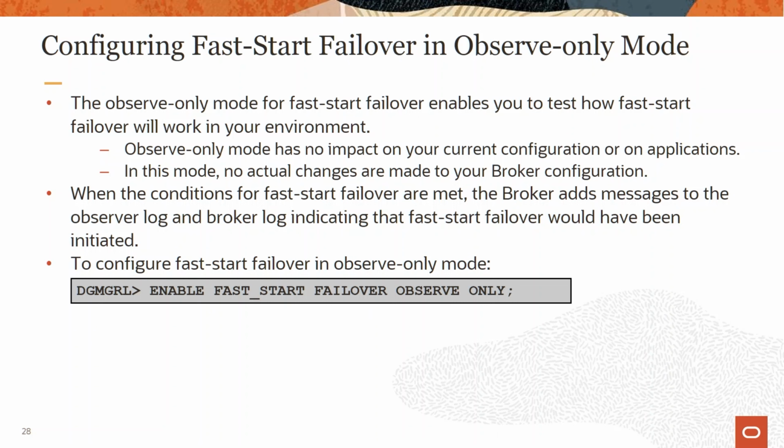So rather than implementing fast start failover, you may want to receive a series of messages to see what will happen if fast start failover conditions are met. For example, you have a primary database problem and a connectivity problem between the primary and standby database. In observer only mode, it will not initiate fast start failover. However, it will report the current status of fast start failover. So you will receive a series of messages from the observer under observer only mode.